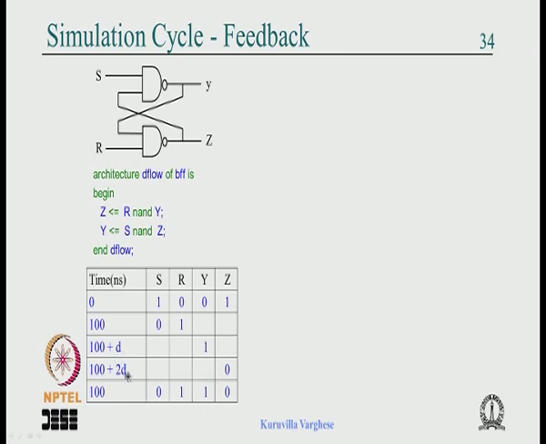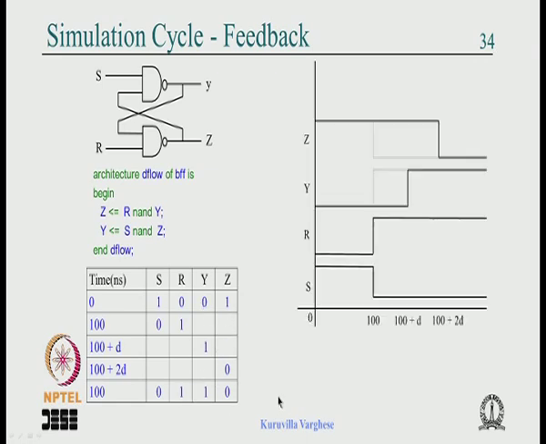Now the delta can be made 0, then you get 100. So S goes from 1 to 0, R goes from 0 to 1, Y goes from 0 to 1, and Z goes from 1 to 0. That is shown in the picture. This was 1 0, which is going from 1 0 to 0 1 at 100 nanosecond.